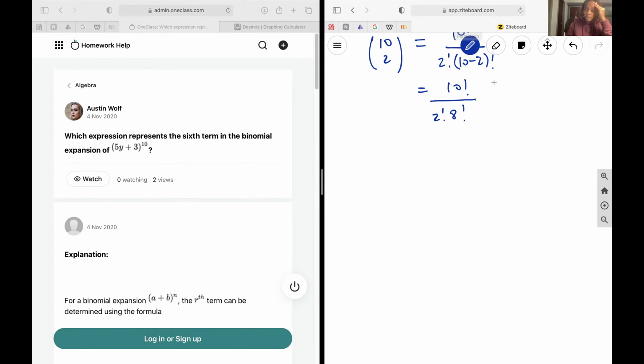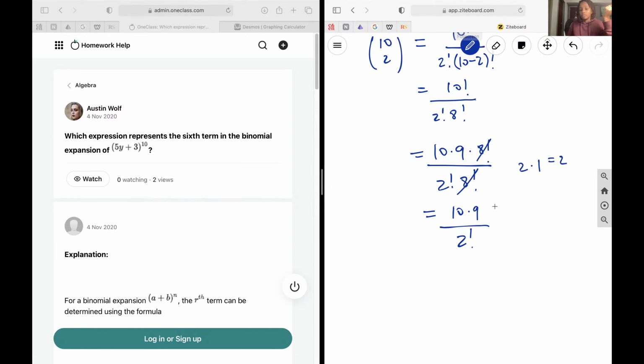You can also just simplify it. 10 factorial is 10 multiplied by 9 multiplied by 8 by 7 by 6 until you hit 1. That's the same thing as 8 factorial, so the 8 factorials cancel. This becomes 10 by 9 over 2 factorial. 2 factorial is 2 by 1, which is just 2. So that's 10 by 9 over 2. Divide out any common factors, and this becomes 5 by 9, just as an example.